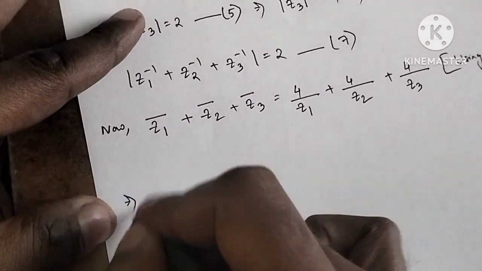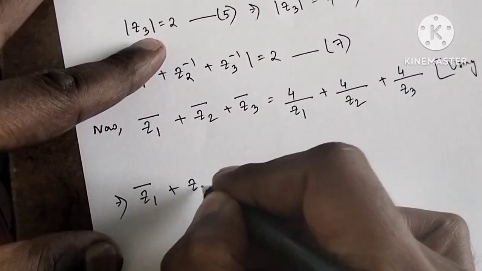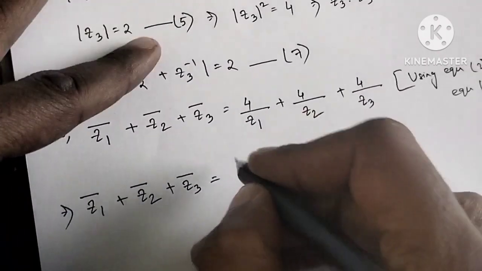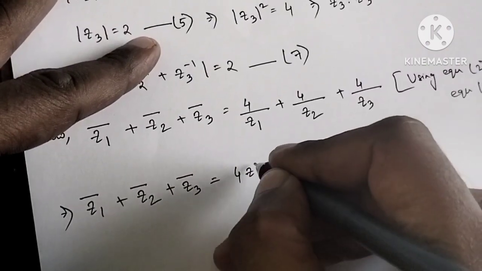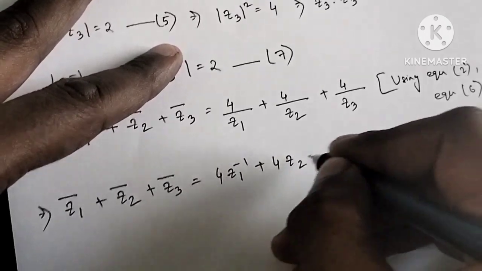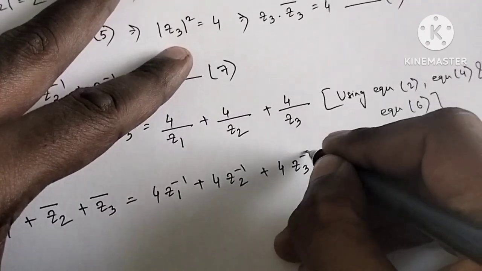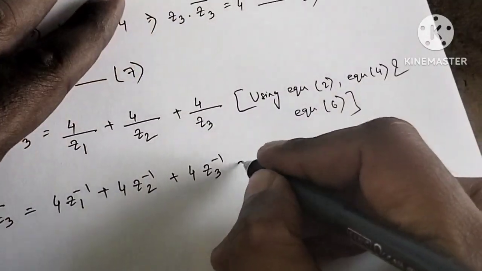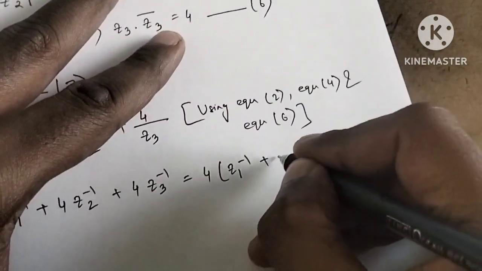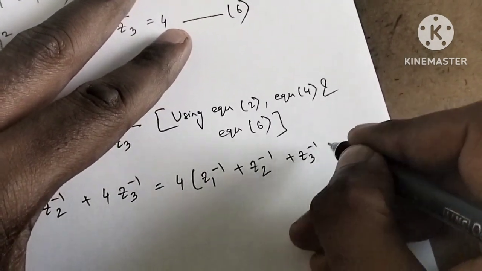So z1 conjugate plus z2 conjugate plus z3 conjugate, I can write in this way also: 4 z1 to the power minus 1 plus 4 z2 to the power minus 1 plus 4 z3 to the power minus 1. This we can write as 4 times z1 to the power minus 1 plus z2 to the power minus 1 plus z3 to the power minus 1.